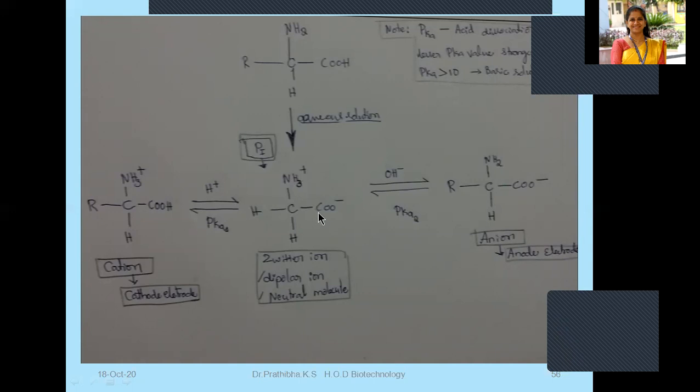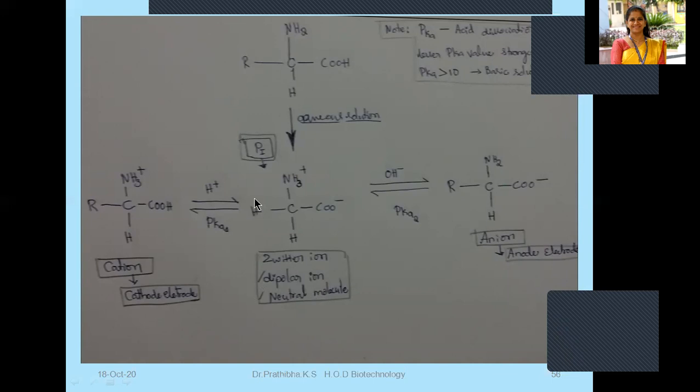At that time, this acid, which is COO minus, has lost its proton and attains a negative charge, whereas this NH2 group, the amino group, has accepted the proton and become NH3 plus. This is the positive charge and this is the negative charge. That says about the Zwitter ion or dipolar ion or neutral molecule.